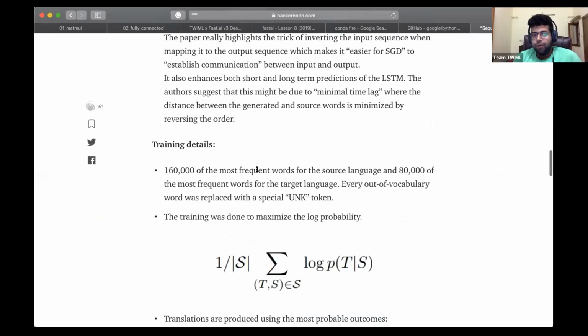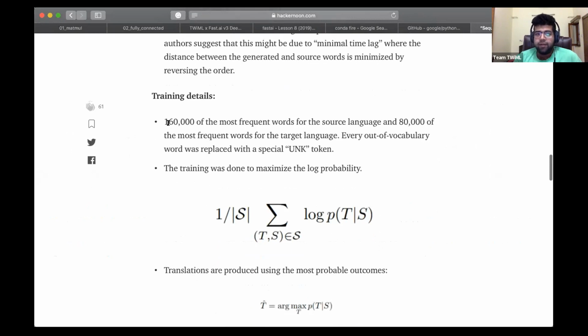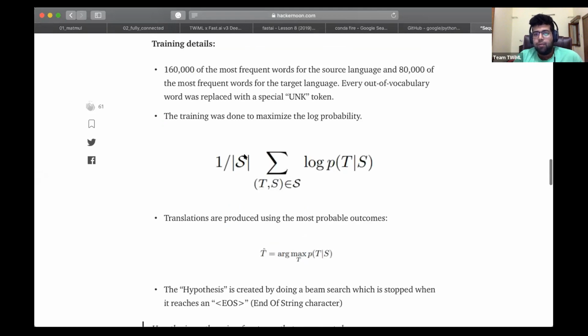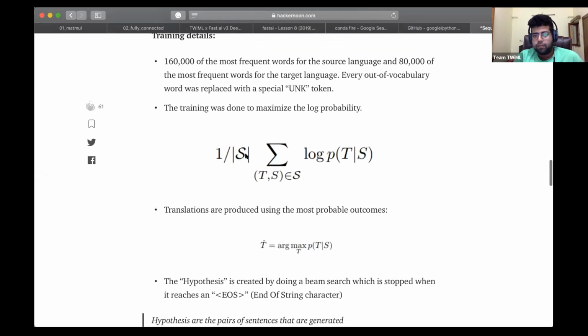So a few more details. They created a vocab out of the 160,000 most frequent words for the source language and 80,000 of the most frequent words for the target language. Every other word was marked as UNK, as we know from the Fast.ai library, which does the same. And what we're trying to maximize is the log probability.